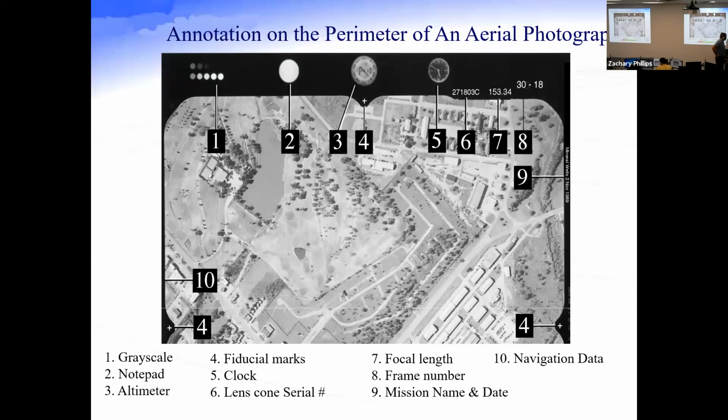There are fiducial marks, so we know how to stitch these together with other images. Sorry, there's also the time, the clock there. There's the lens cone serial number. Why would it be important to get the serial number of the lens? Maybe there are minute differences in every lens.